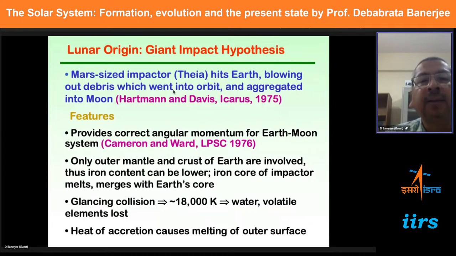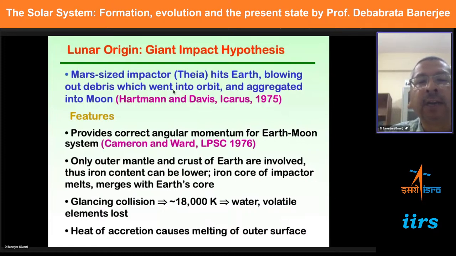So the first research question which scientists thought about was: how did the Moon form? There were many theories, but it was concluded that a Mars-sized impactor hit the Earth, blew out debris which went into orbit, and then accreted to form the Moon.